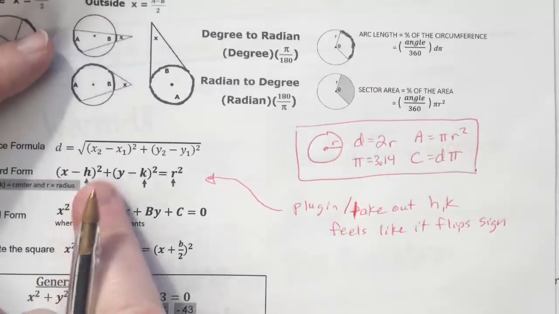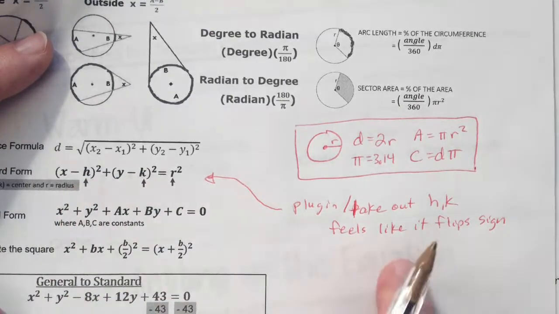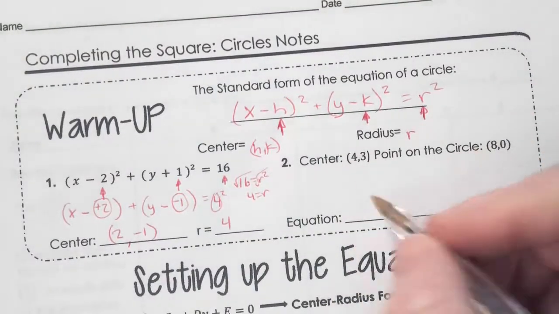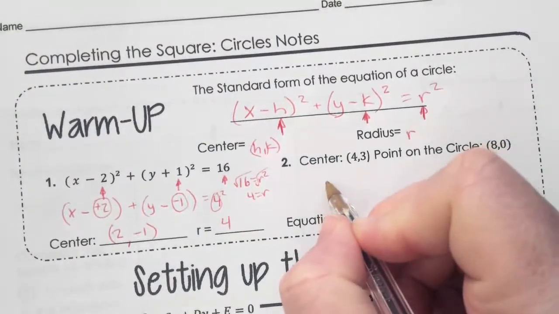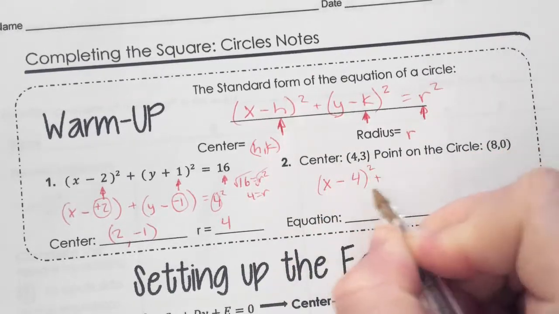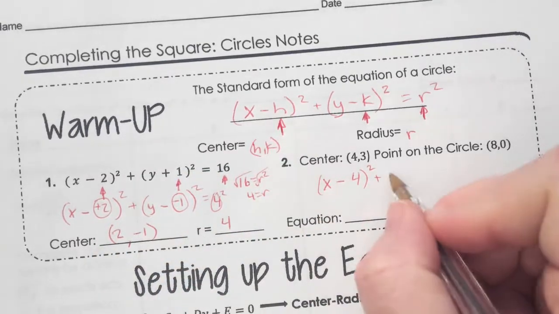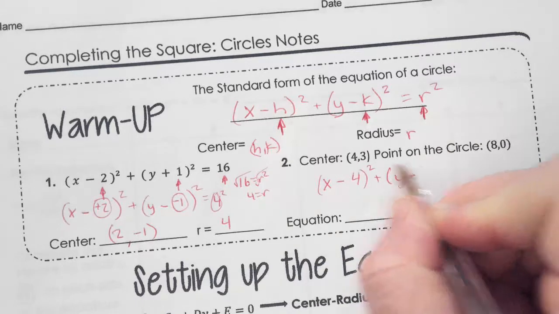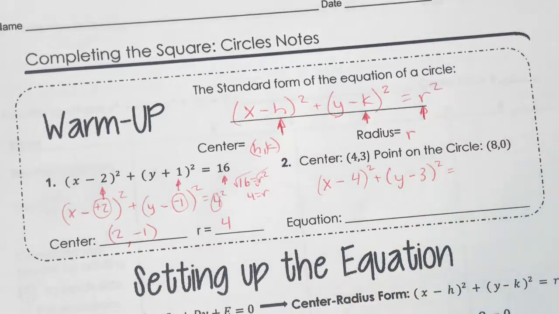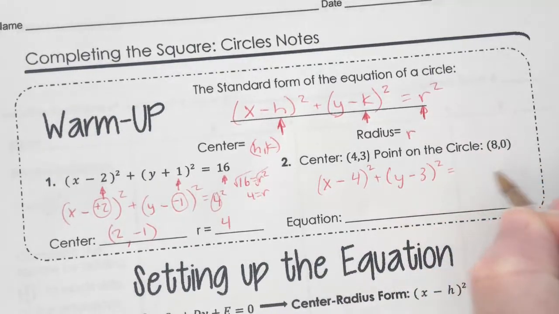Same thing here: if I plug it in this time, this would be x minus 4, that quantity squared. Forgot the squares over here. Plus y minus 3 squared is equal to r squared, whatever r squared is.